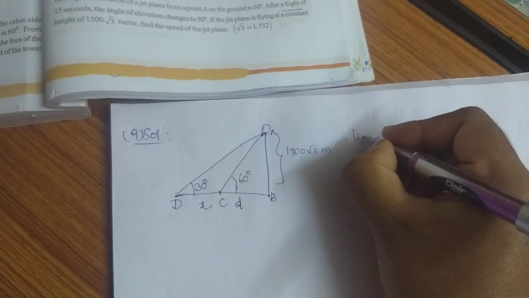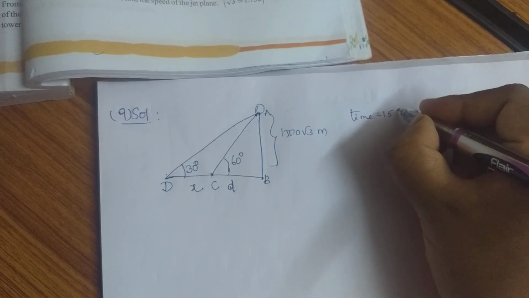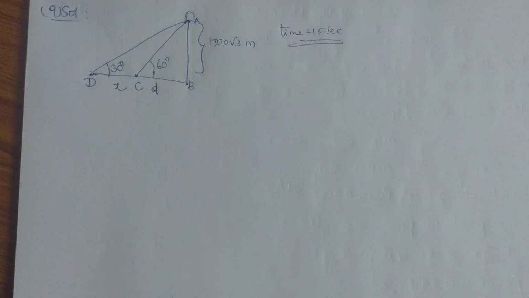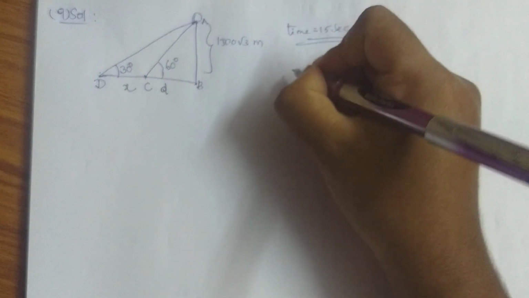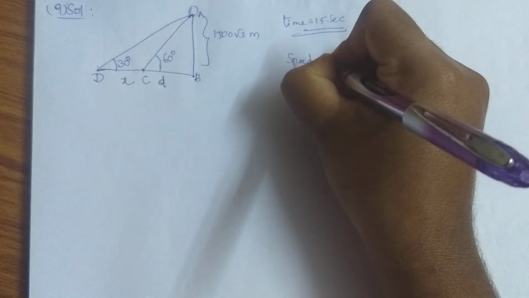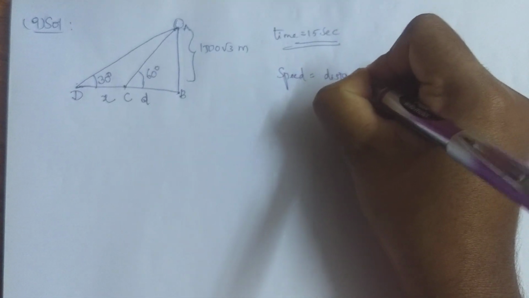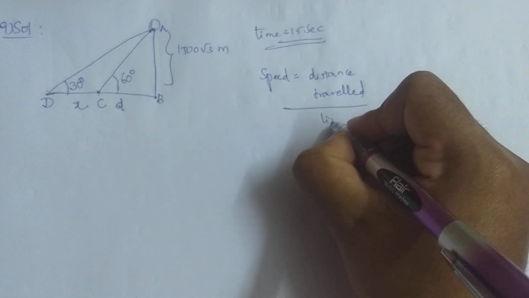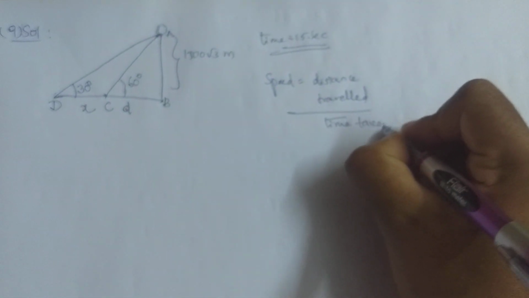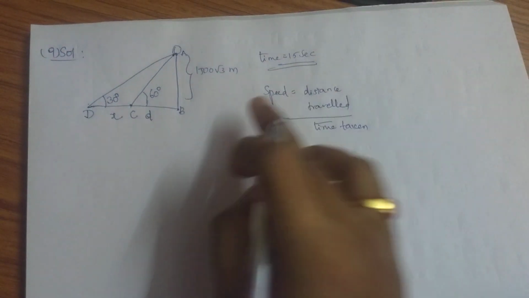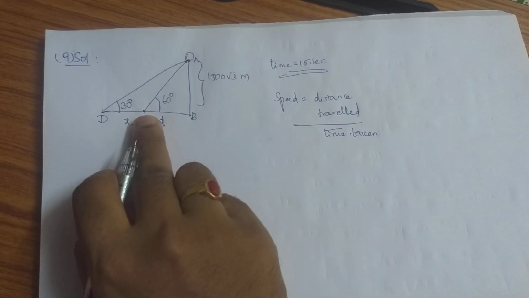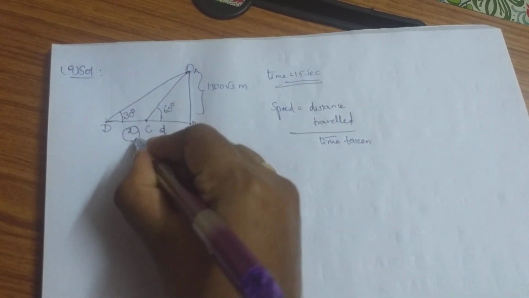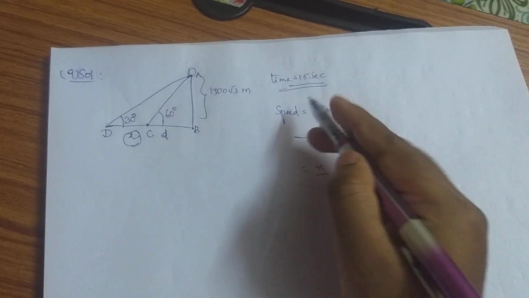For speed, they have given time as 15 seconds. For finding the speed, what is the formula? Speed is nothing but distance travelled by time taken. So we have to find the distance travelled from C to D. This x value we have to find out, and speed is x by time.